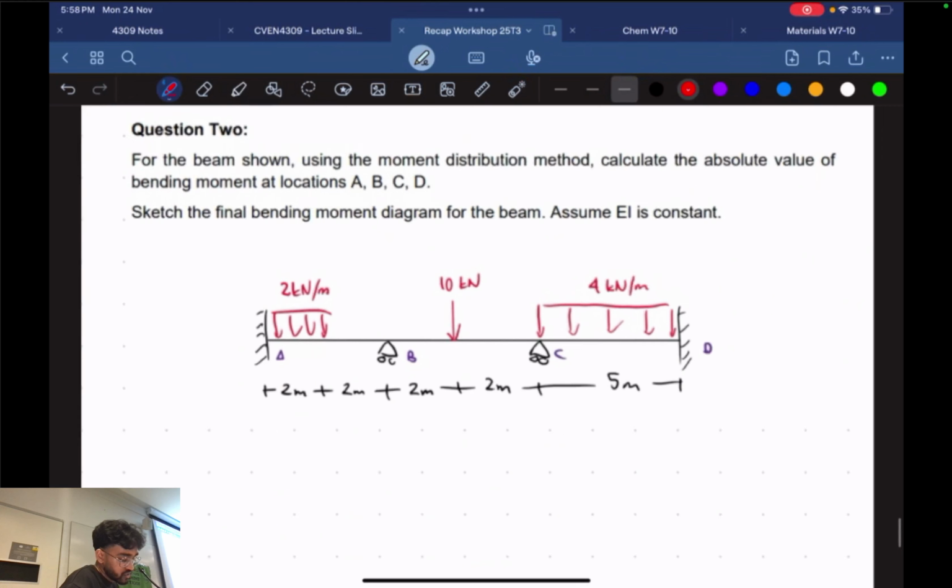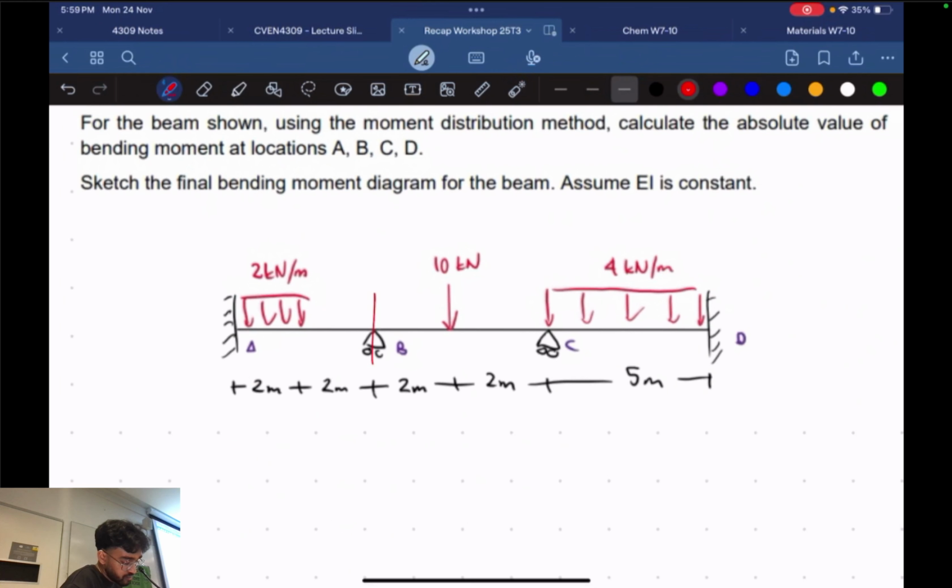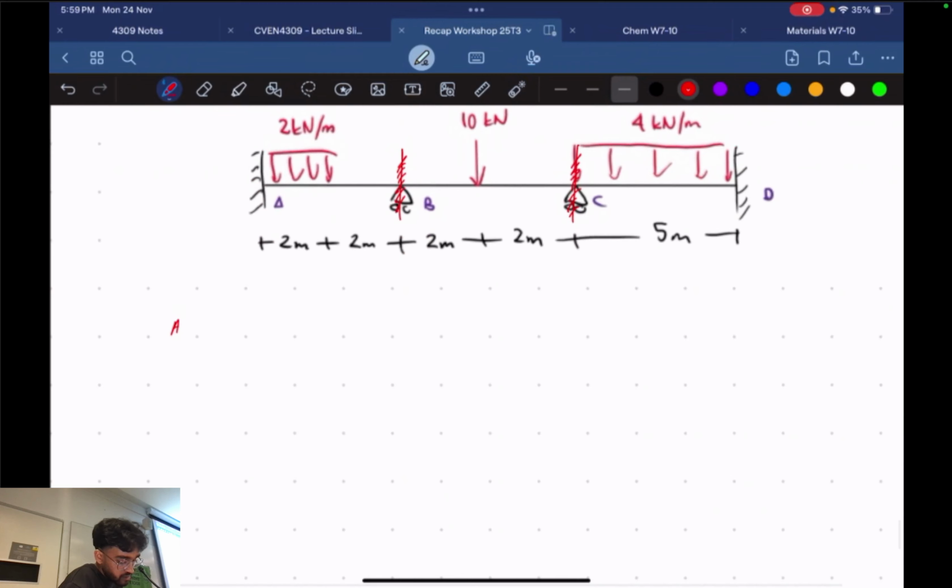Okay, I guess I'll go through a few steps. First thing, you'd have to break up the segments. So this would become fixed, this would become fixed. So your section AB would look like this.